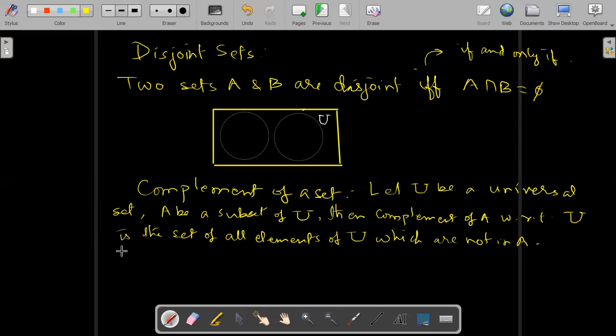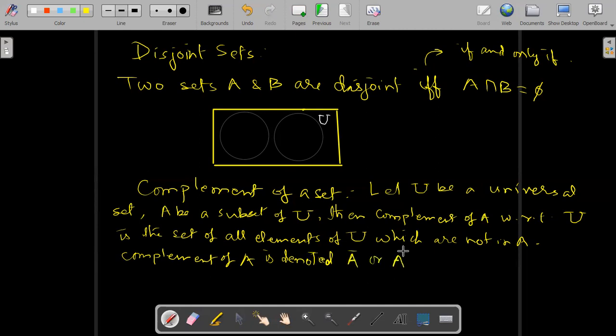The complement of A can be denoted either by writing a bar on A or A dash.